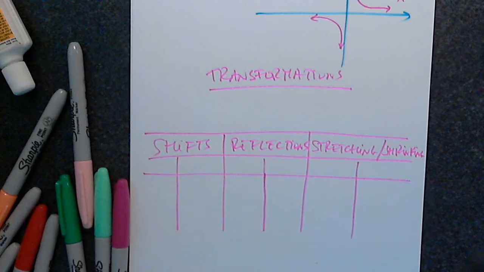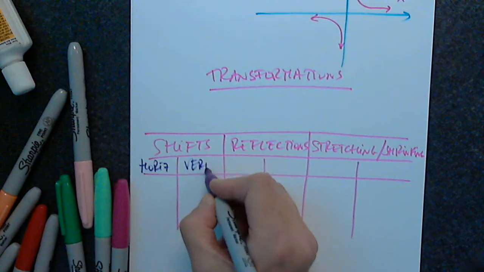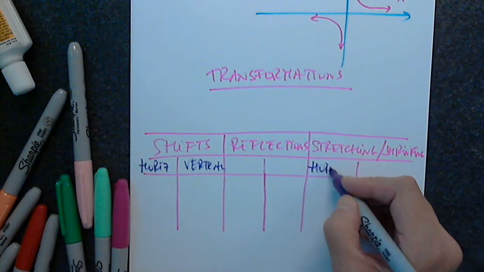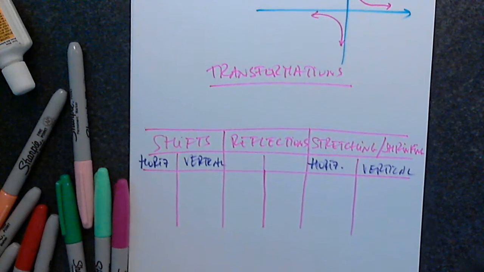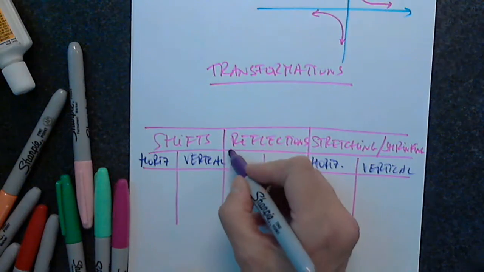Each of them has two different types: horizontal, vertical. Last one, horizontal, vertical. And the middle one with respect to the y-axis and with respect to the x-axis.